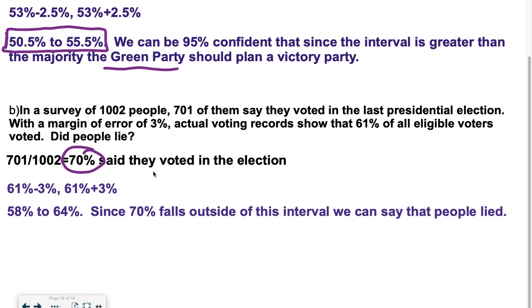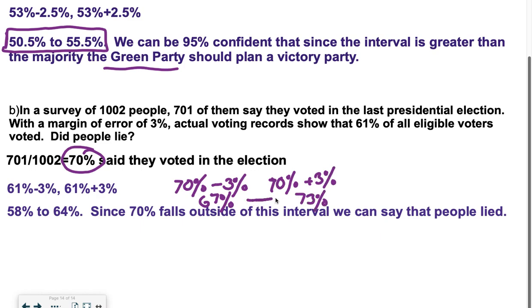Okay, so we have to be careful, and I've got to fix this too, so it's going to be 70% of the people minus 3% is 67%, and 70% of the people plus 3% is 73%.